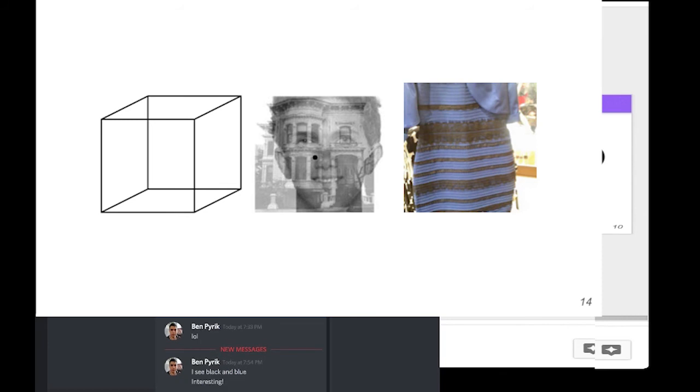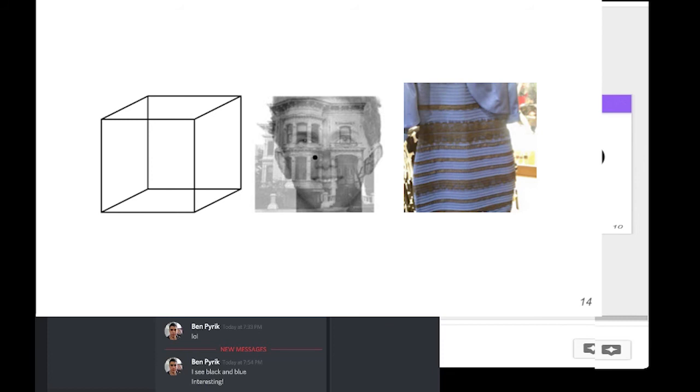And also, there is another study that the morning person tends to perceive this as white and gold, and the night person tends to perceive this as blue and black, because how the brain interprets the surrounding light is different. So the morning person assumes that the background light is daylight, and the night person assumes that it's artificial light. So the part the brain discounts is different.